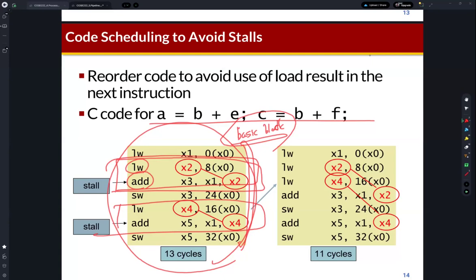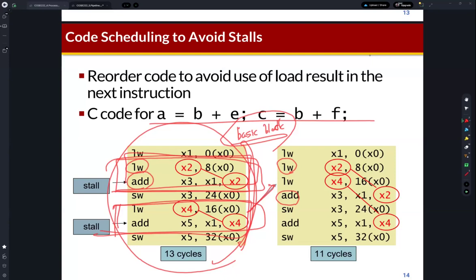So we already know that the load-use data hazard is observed between this load word and add instruction. This is the performance problem. But by inserting some other instructions between this load word and add, we can avoid the load-use data hazard.